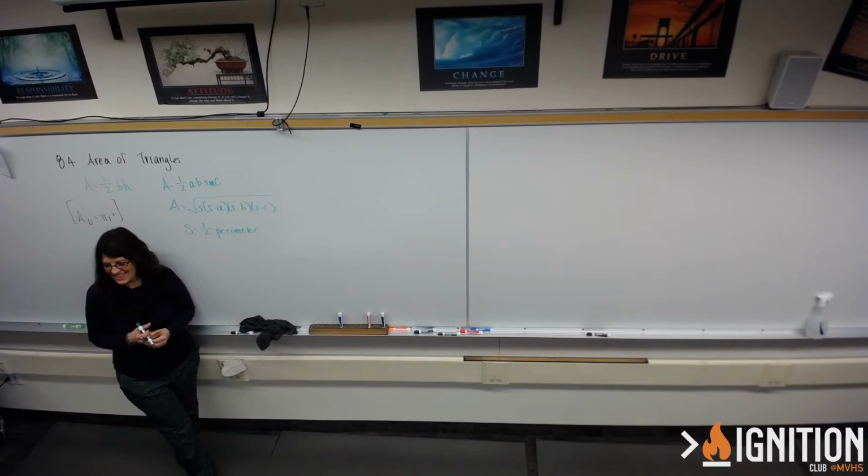That was a huge letter. I would love to use a different letter besides S. I don't want to use P because P is perimeter. H is height. K is a constant. You can't use A, B, C. J looks like an I. How about M?